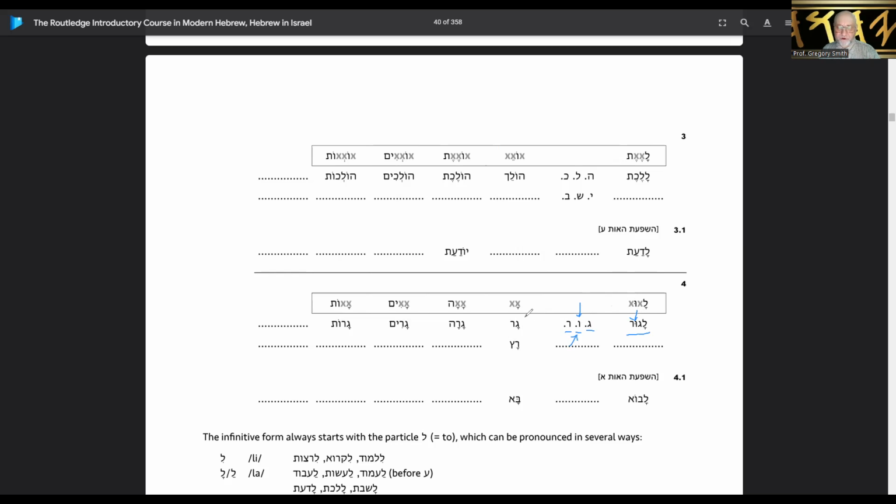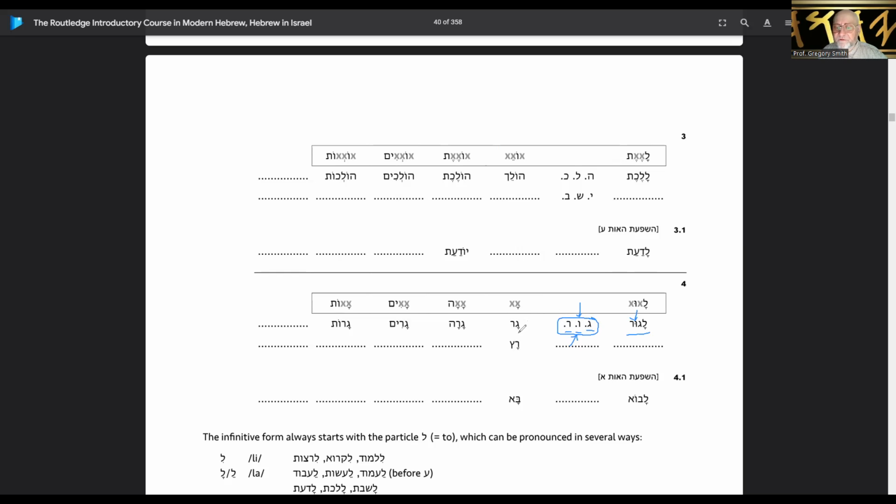So sometimes what I do with a vav, if it's meant to be an O sound, is I'll just transform that vav to the holem, which is the O sound, because it's transformed into a vowel in some places. But in a root, it's strictly consonantal. So in this case, it's vav, gimel, vav, resh.